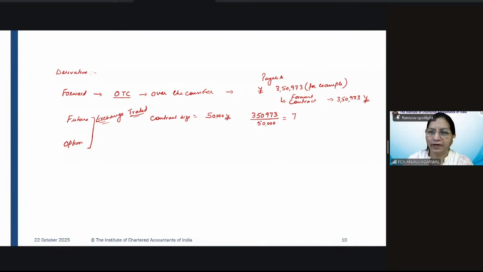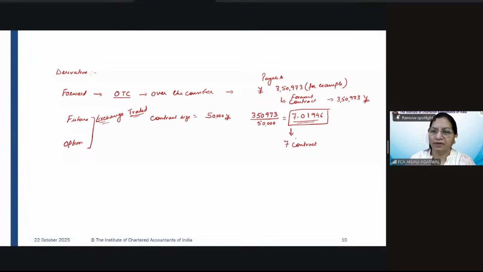So how many contracts you need to buy to cover yourself for 3,50,973 yen payables? The number of contracts are 7.01946. So technically here you would end up entering into 7 contracts.